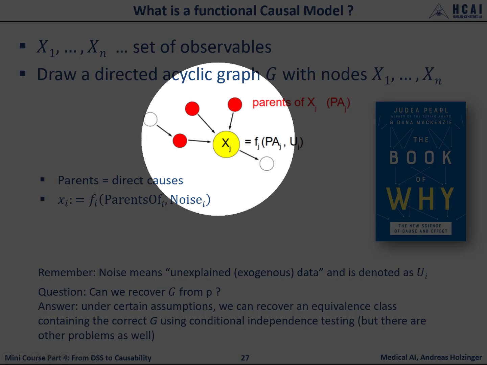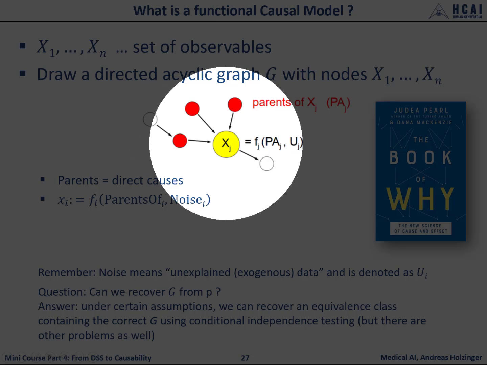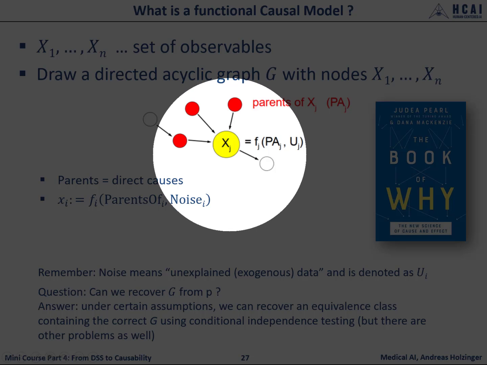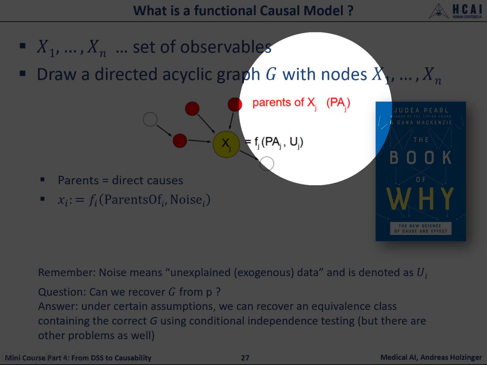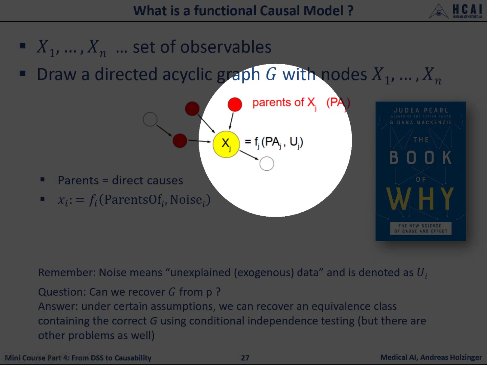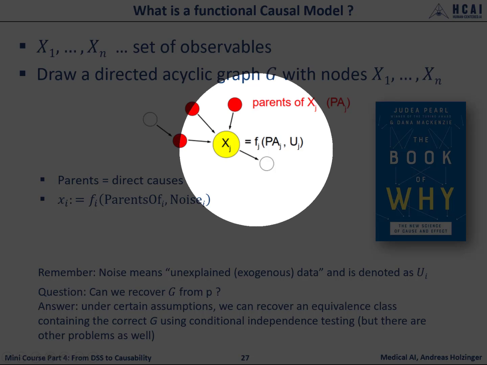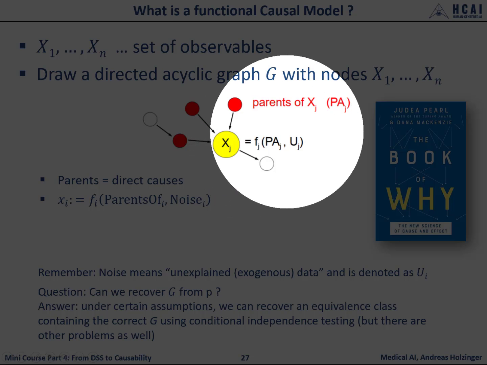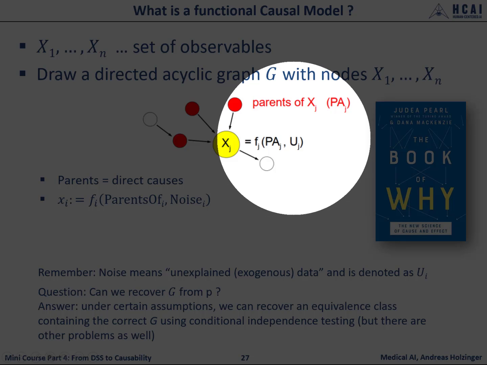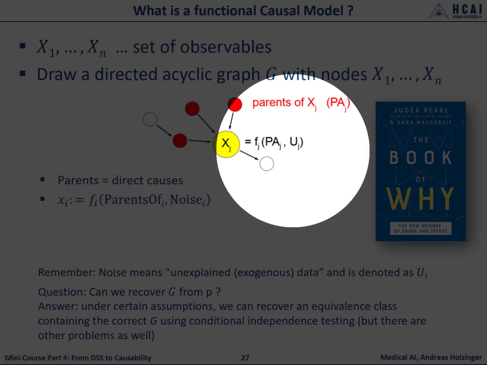And look at the yellow node now in the middle. This is x_j as a function of the parents of x_j, called PA_j, and a second part here. This is the interesting unobserved unknown, therefore unknown u_j.